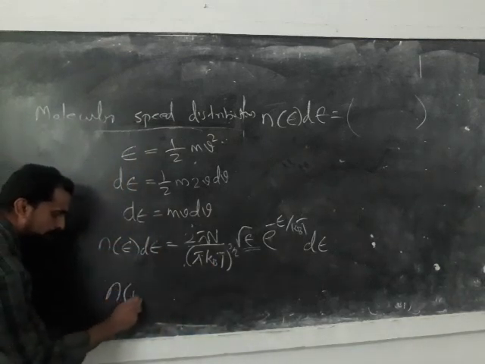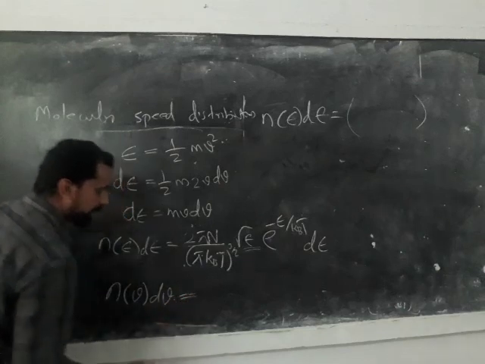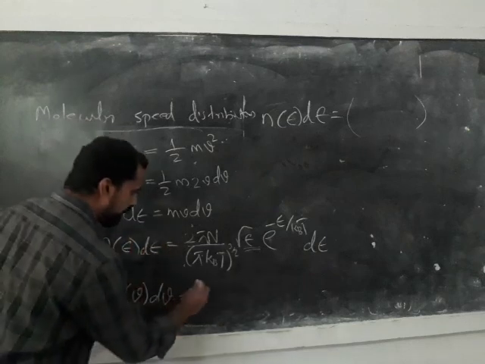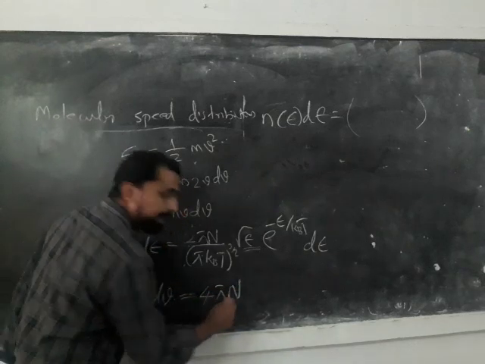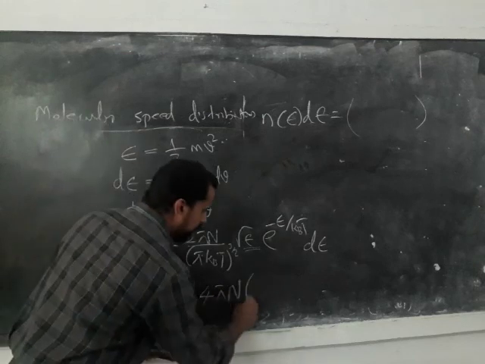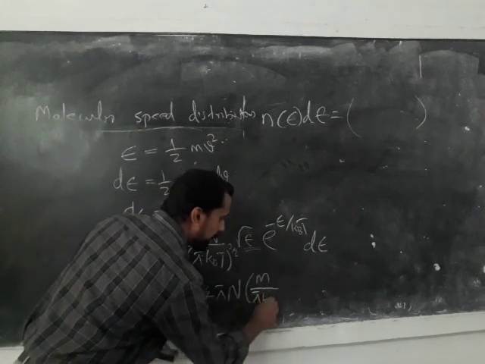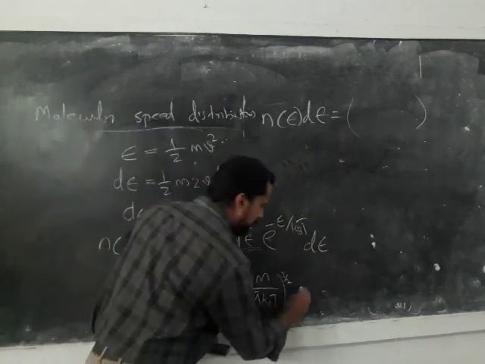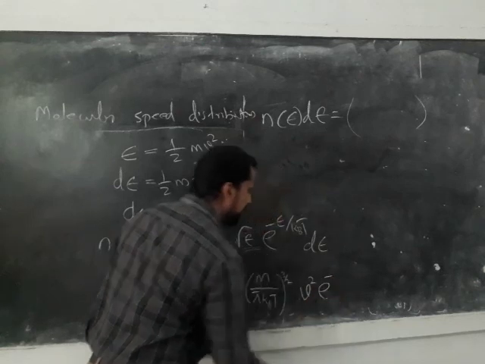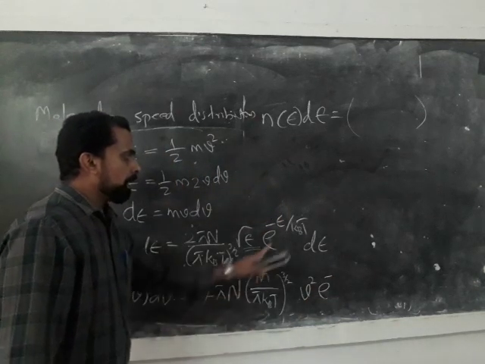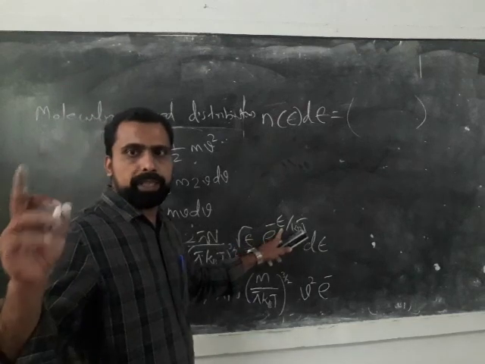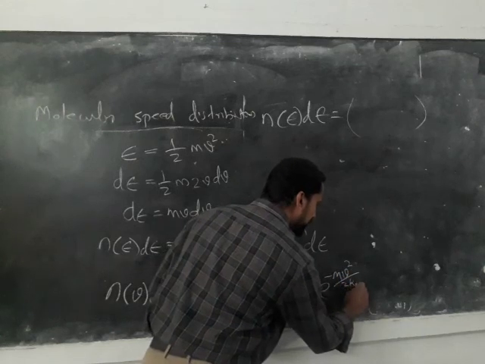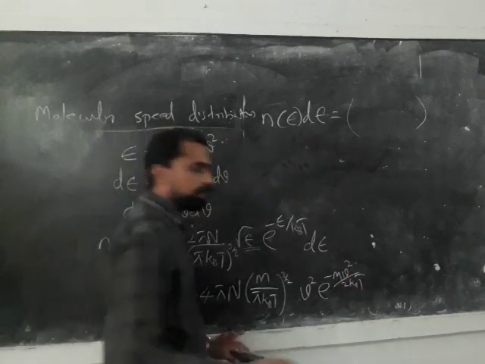You will get n of v dv is equal to, after doing all the substitution properly, 4 pi n, then m by pi kBT all raised to 3 by 2, then v square e raised to minus mv square by 2 kBT, then dv.